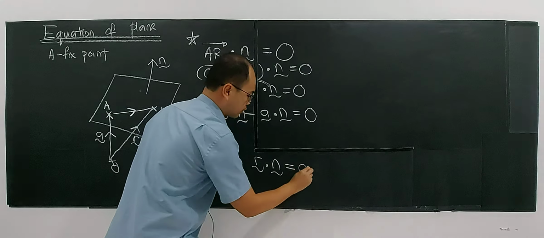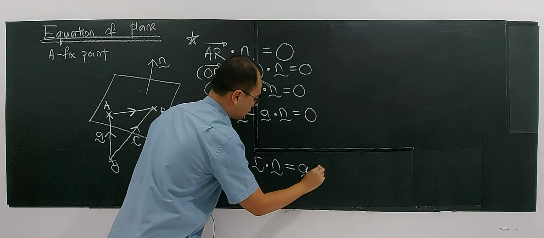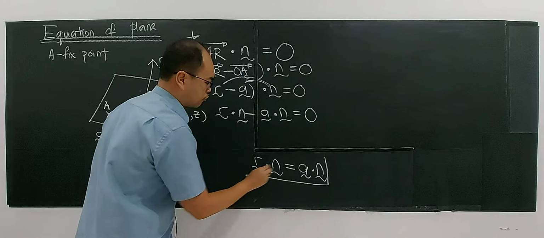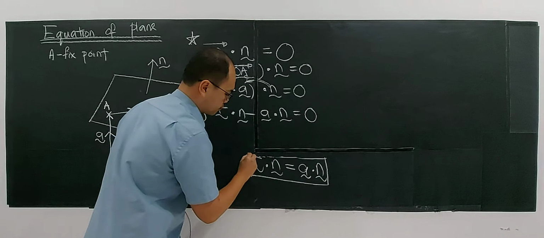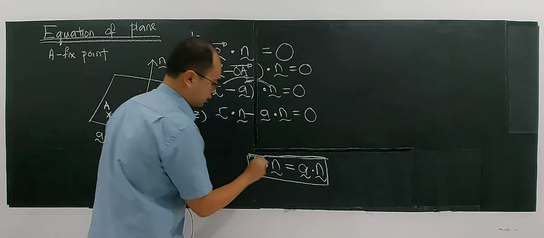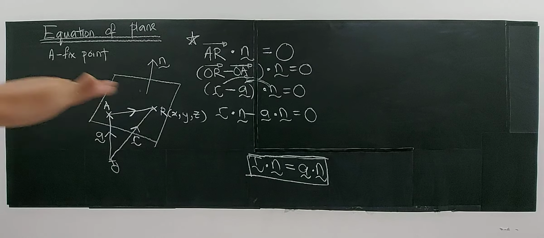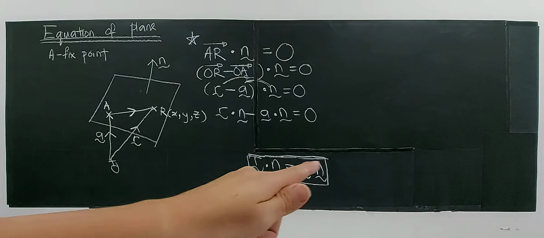Moving the other side, it will be positive A dot N. This will be the formula for the equation of a plane. So for a straight line, it will be R equals A plus tV. And the equation of a plane will be R dot N equals A dot N.